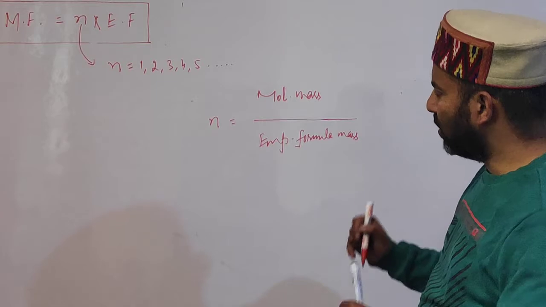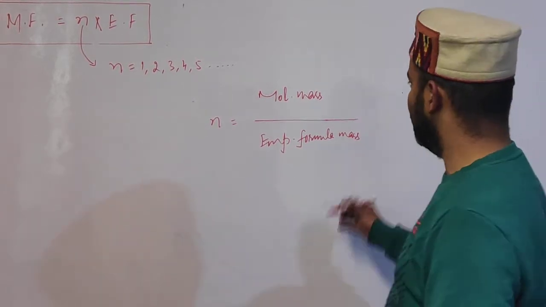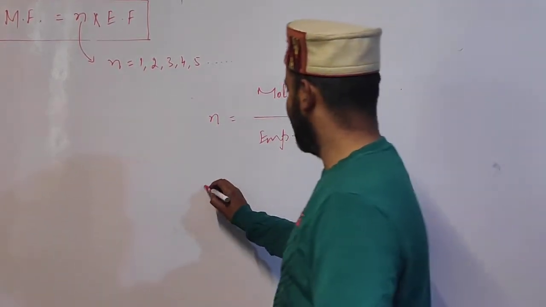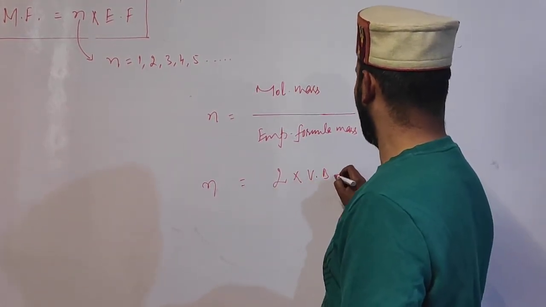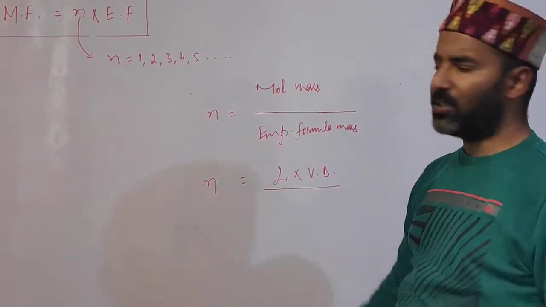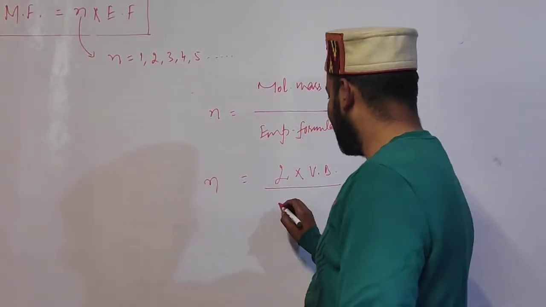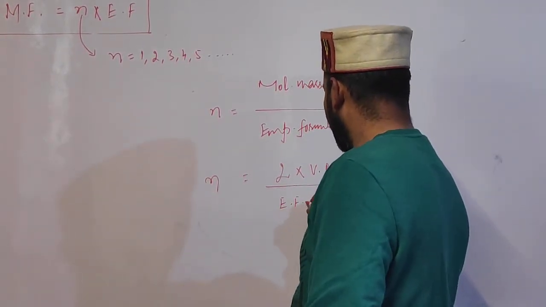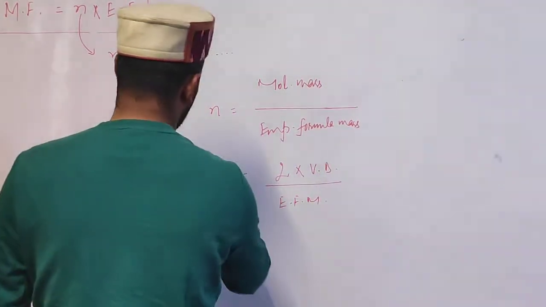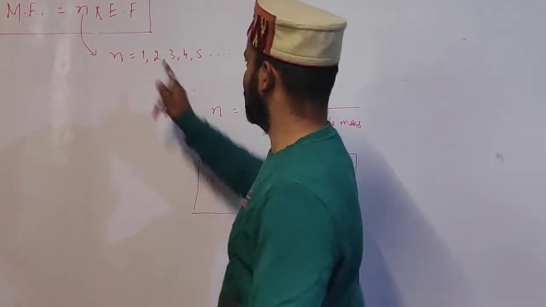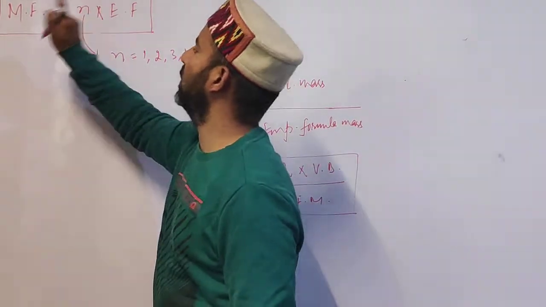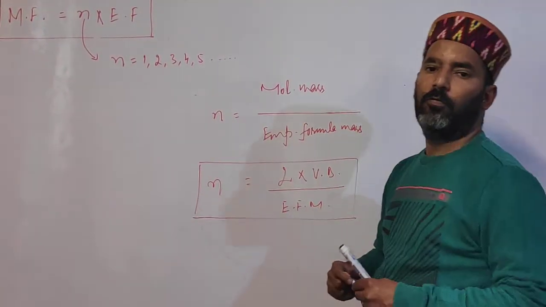Now students, in case of say gaseous compounds, molecular mass will be what? So n can also be molecular mass we know is twice of vapor density. So कई बार आपको vapor density दिया होगा, उसको twice कर देना, you'll get molecular mass, and then divided by empirical formula mass, you will get n, and then multiply this with empirical formula, you will get molecular formula.